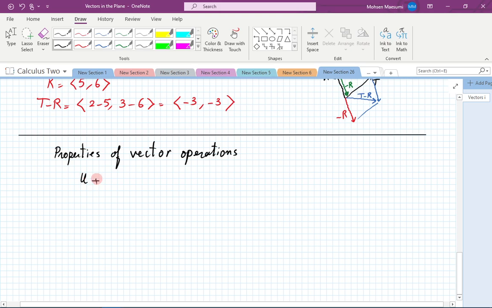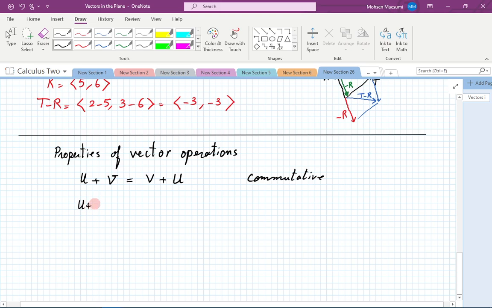If I have a vector and another vector, I can add them in either order and the result will be the same. So this is called commutative property. So again, remember, I'm either supposed to write them in bold or put arrows on top of them, but again, to avoid the clutter, we are not doing that.